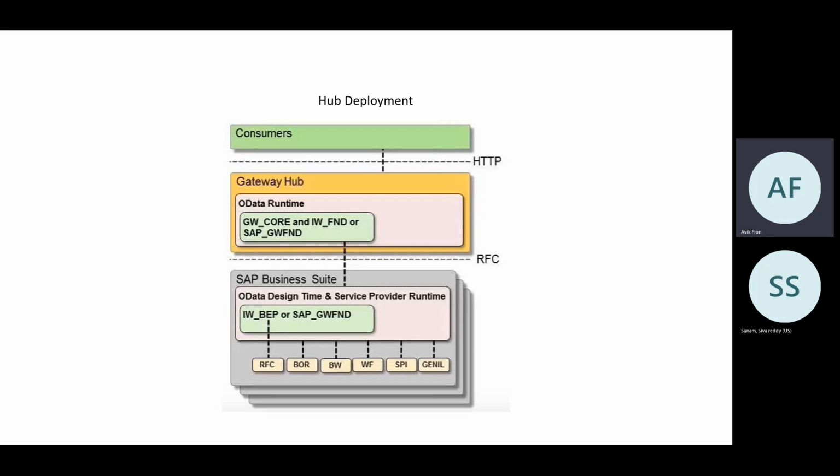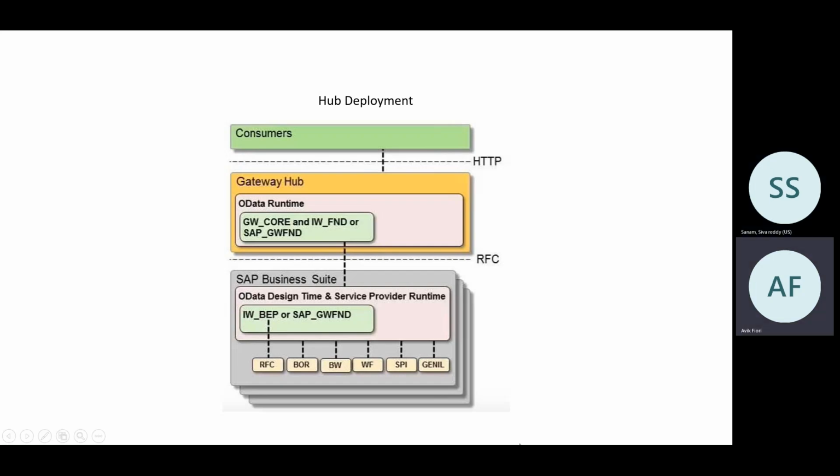Is this clear, Shiva? Any questions? What are WF and SPI below this one? These are different, like an API, like a function which will provide you ready-made data.